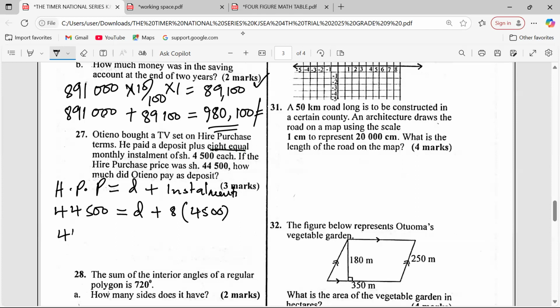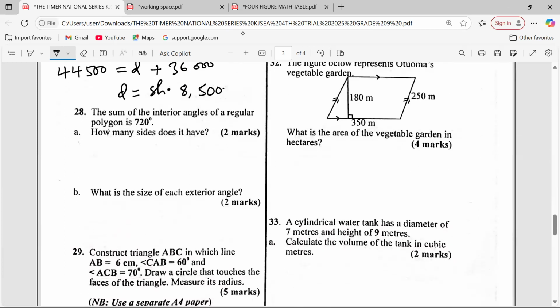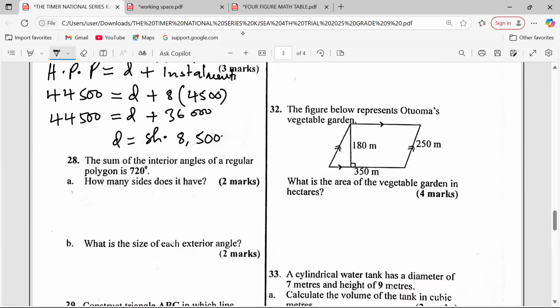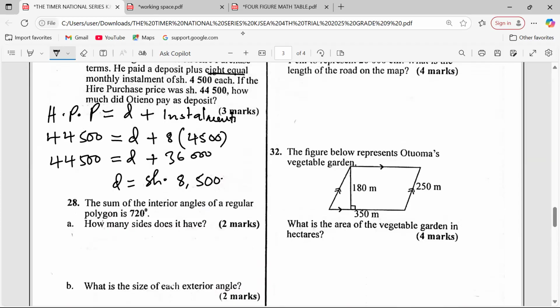Let me talk about 8 installments, each 4,500, so that I get 36,000. To remain with the deposit, we take 44,500 and subtract all the installments. This shall be 8,500 Kenya shillings. So that's how we work out such a simple question. Very simple, actually. You're supposed to understand that money matters are very simple.